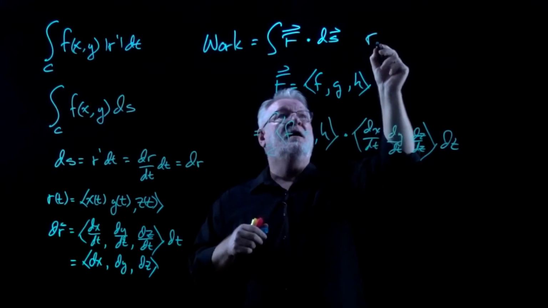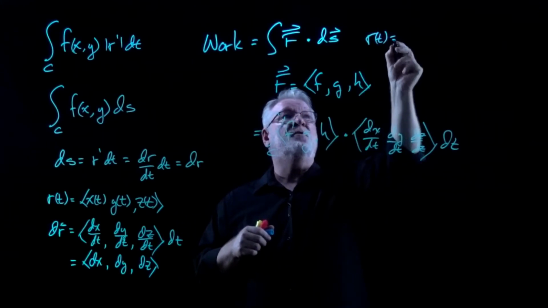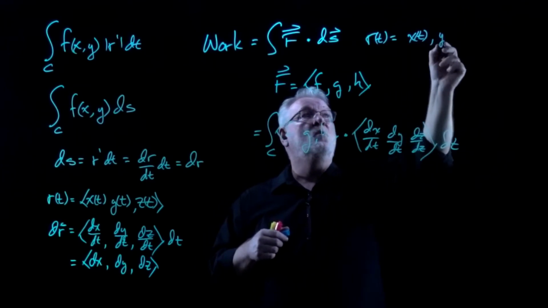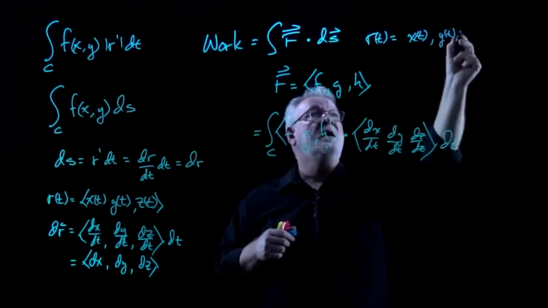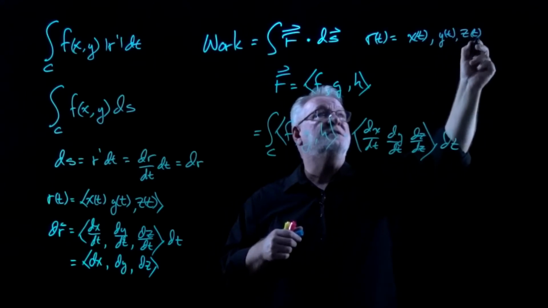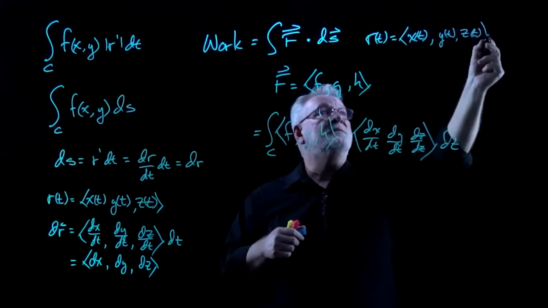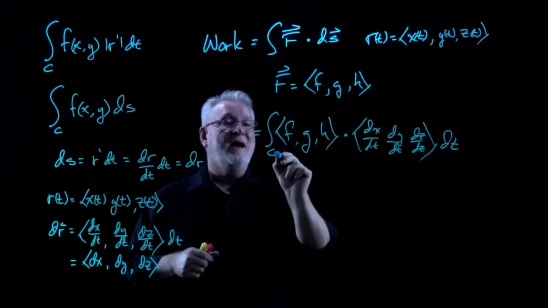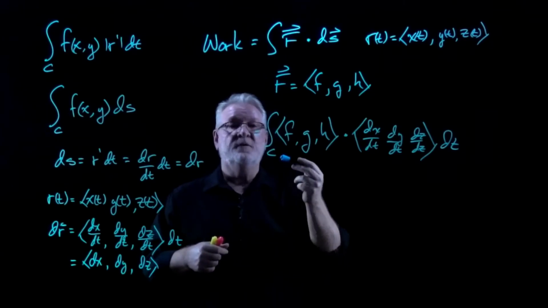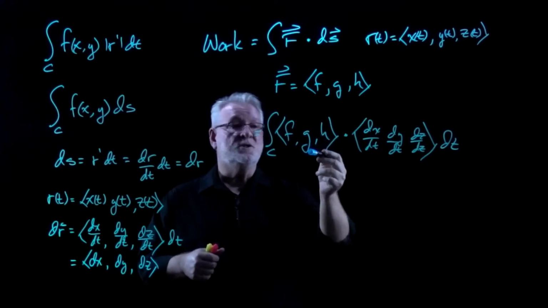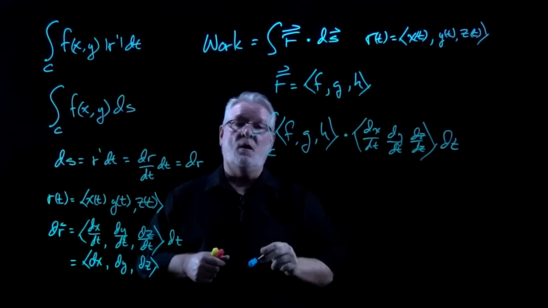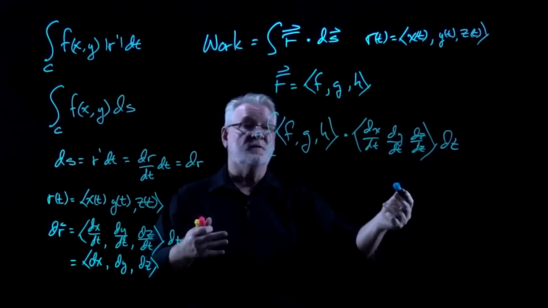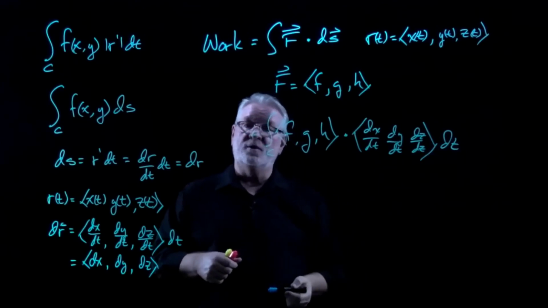Remember, r of t is still going to give me parameters for what the x is as a function of t, what y is as a function of t, and what z is as a function of t. And I can use r to make equivalencies between x, y, and z so that I can make F entirely in terms of t itself. Same with g, same with h, so that these would all be functions of t. I'm multiplying by derivatives that are functions of t, and I'm taking the integral with respect to t.